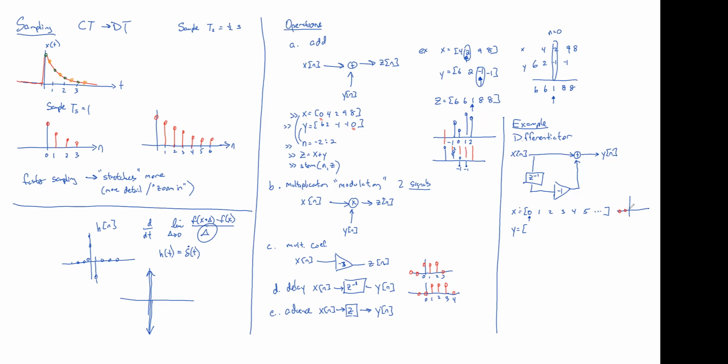And now all of a sudden it will start to go up. Since we assume it was 0 before time equals 0, the delay says its current output is its previous input. I'm going to write that down.